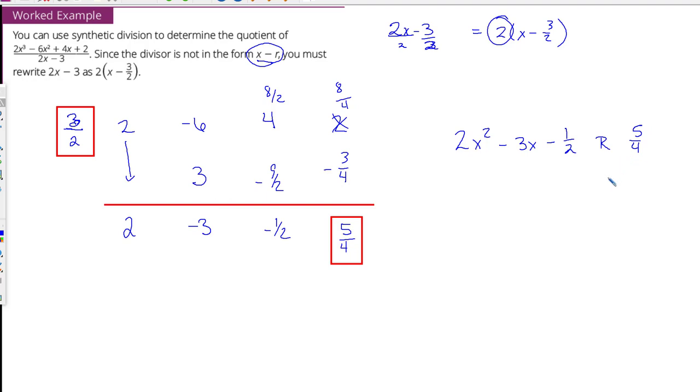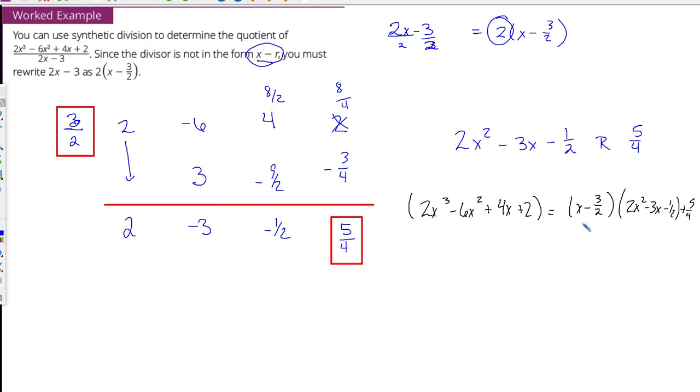So when I'm trying to work this out, and I want to go ahead and write out what the quotient is, that's the same thing as 2x cubed minus 6x squared plus 4x plus 2, and that's equal to x minus 3 halves times 2x squared minus 3x minus 1/2 plus 5/4.